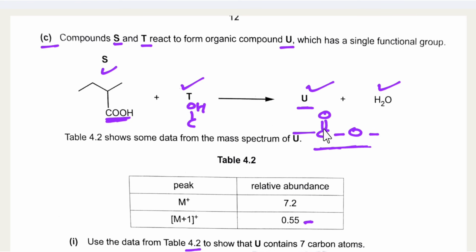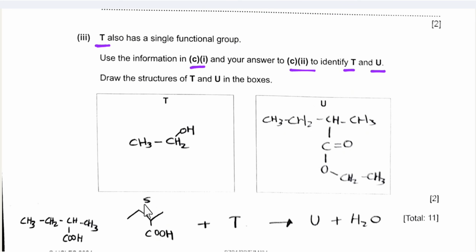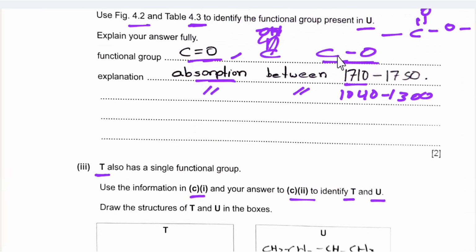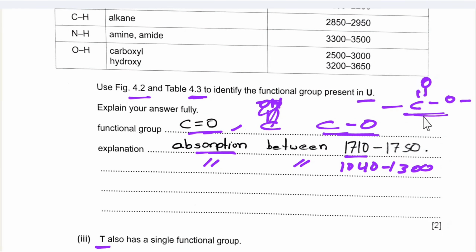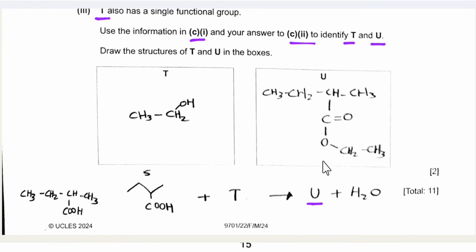So we know that in U, C=O is present, that means it is an ester, and S, that is a carboxylic acid, reacts with an alcohol to form an ester. So we need to find the structure of T and U. S reacts with T to form U, that is the ester that I have just shown. So U is an ester.